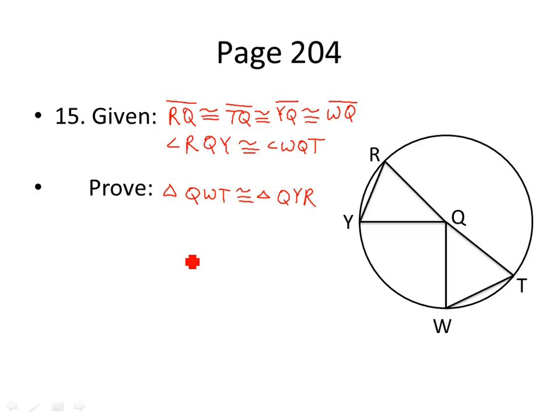All right, later on in the year we're going to learn stuff about circles. On this circle, somebody tell me, segment QT here is what kind of segment in relationship to that circle? Or you could do QR, QY, QW.